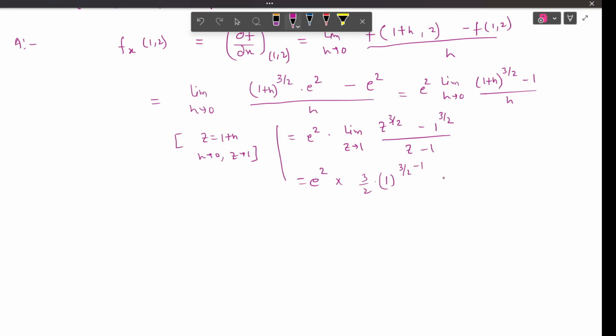Now this is 1 to the power something, which is 1. So 3 by 2 into e square is the answer.